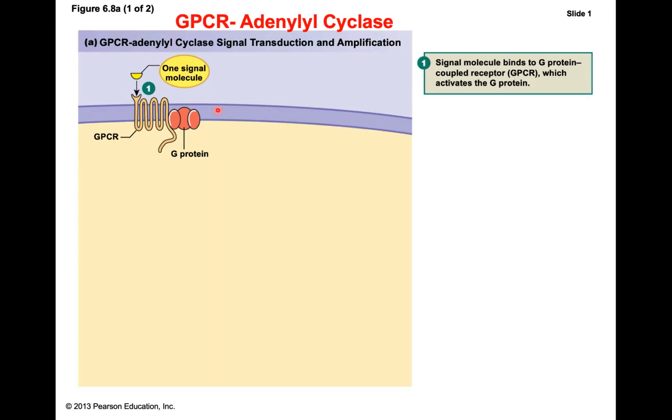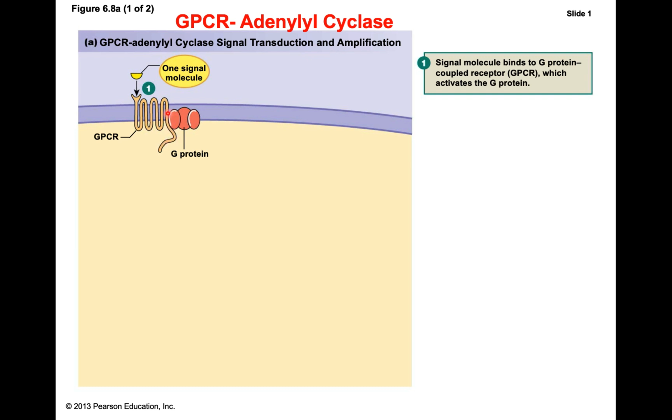So this is where the mechanism starts. This is called the GPCR adenylyl cyclase, a G protein-coupled receptor that uses adenylyl cyclase for transmitting a signal. Here's your ligand, aka your signaling molecule. In beige, you have your G protein-coupled receptor, so it's the receptor.